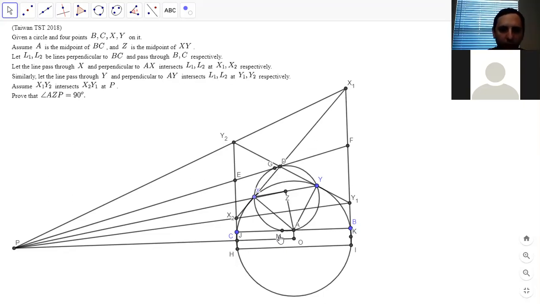So if we go back to the ratios, we want to show that JX2 over JY2 equals KY1 over KX1. How do we calculate JX2 over JY2?